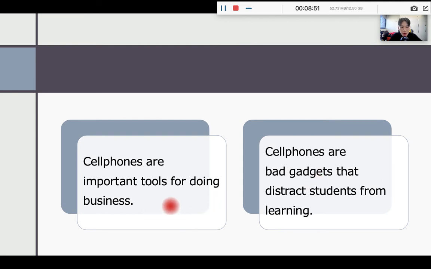The paragraph with the first topic sentence will focus on the positive aspect of cell phones. And the second topic sentence will create a paragraph that describes the negative aspects of cell phones. Okay?